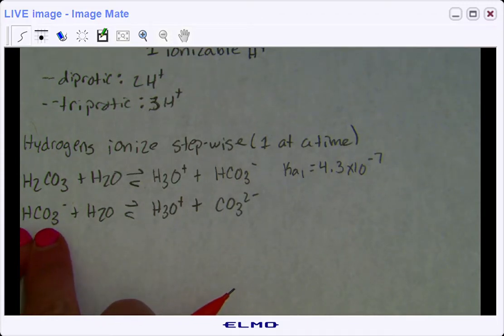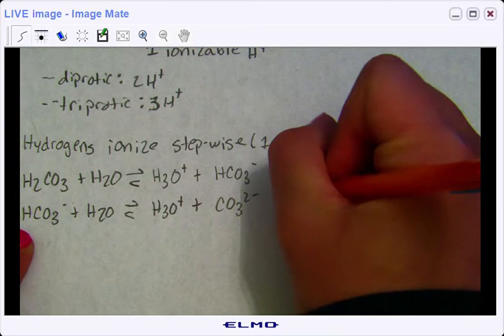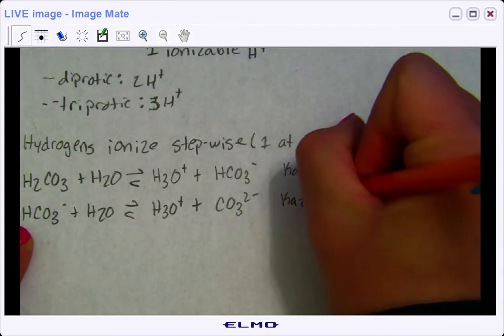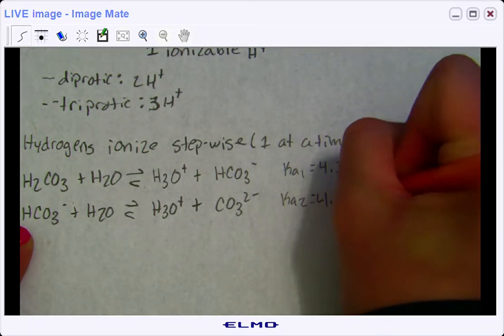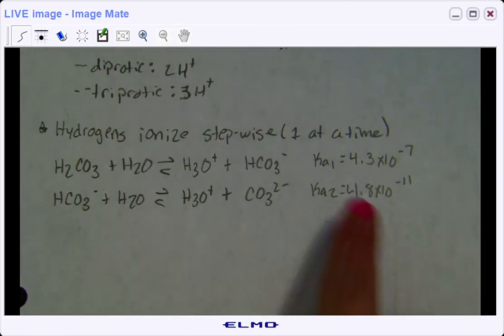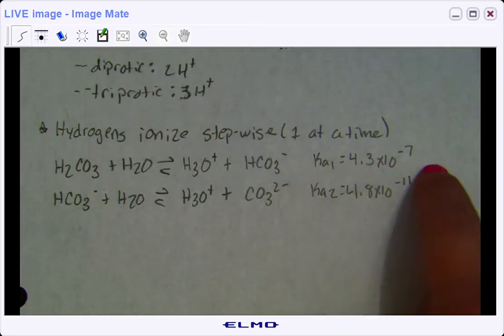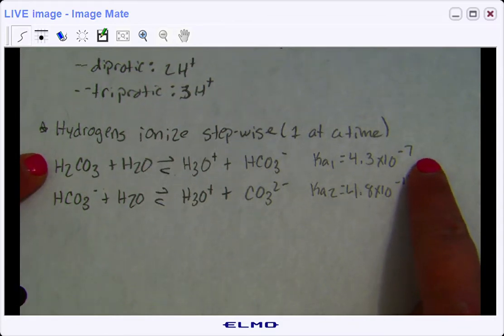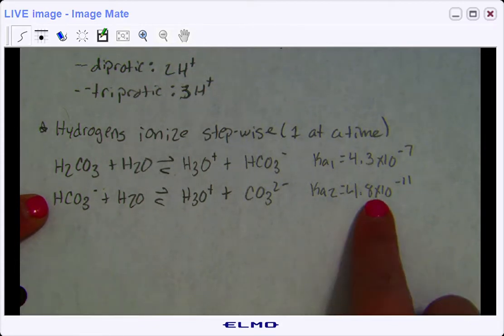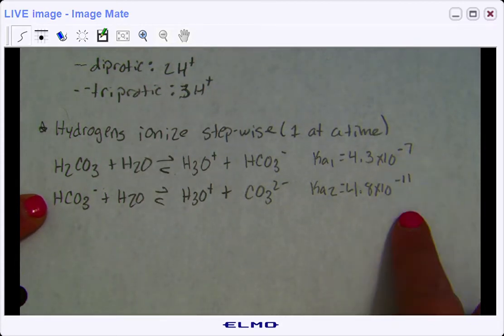So if you look at your reference tables, we're going to call this the Ka2 because it is the second hydrogen to be ionized. That value is 4.8 times 10 to the minus 11. So we will notice that there will be more ionization of the H2CO3, the carbonic acid, than the HCO3 minus because the Ka1 is much greater than the Ka2.